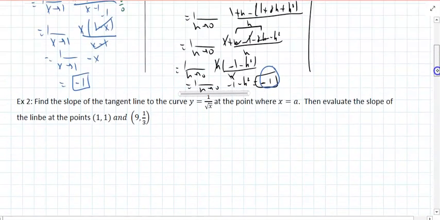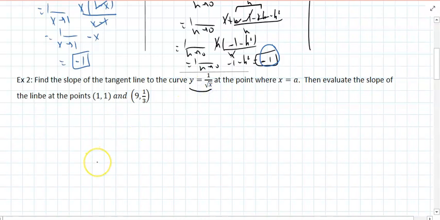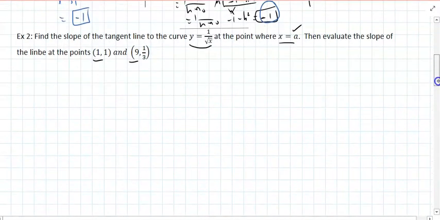If I look at the next problem, find the slope of the tangent to y equals 1 over radical x at x equals a, then evaluate it. So here, instead of doing this twice, once for x equals 1 and once for x equals 9, why don't I do it for x equals a, and at the end plug in x equals 1 and 9 for a?